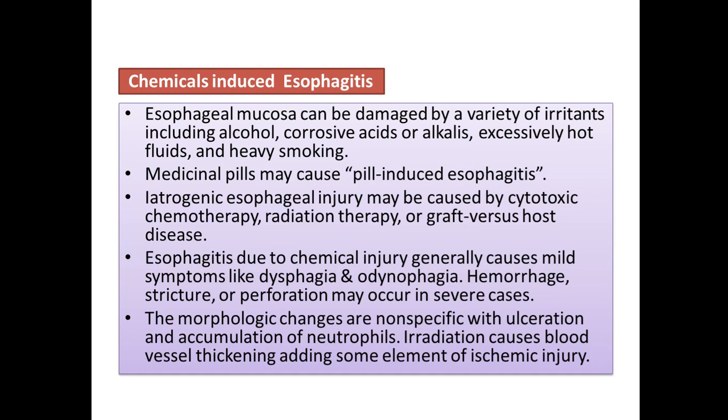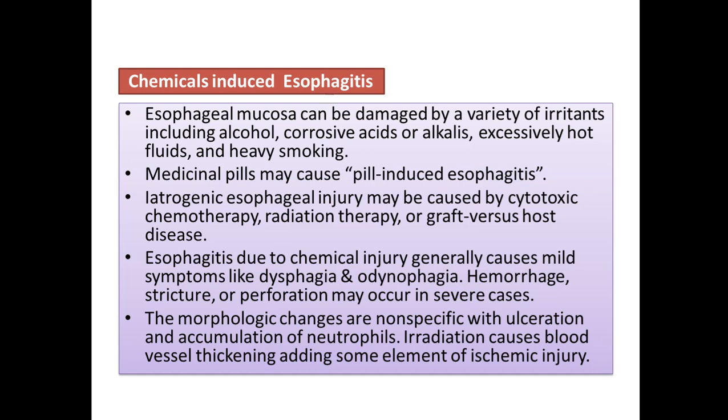So this is an induced type of esophageal injury, and the conditions that can give rise to it include cytotoxic drugs, chemotherapy, particularly when we use drugs to kill cancer cells, and radiation used for the treatment of a cancer, where along with the cancer we damage the nearby healthy area, which can include the esophagus. And the immune mediated conditions, as we discussed, the graft versus host disease.